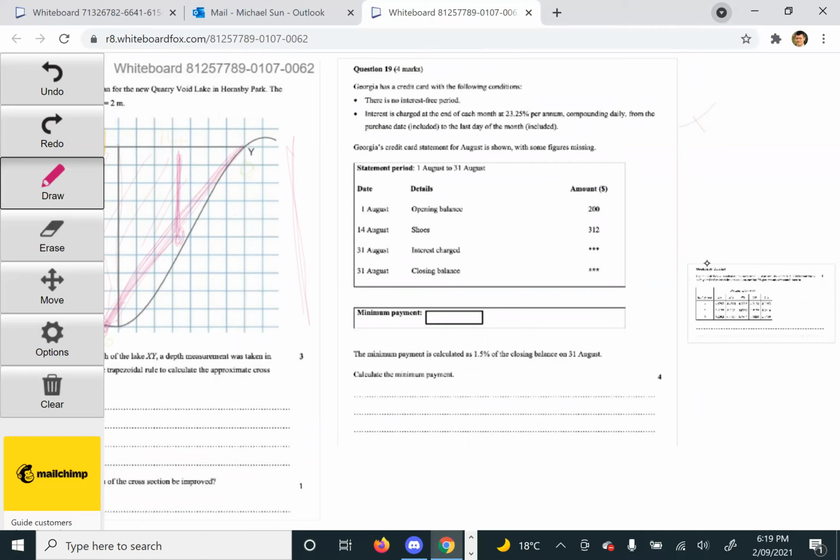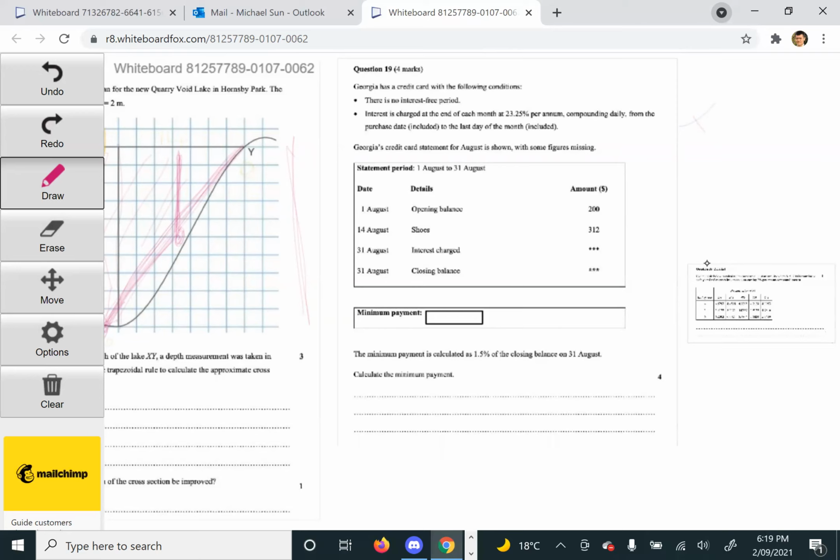Okay, so 1.5 over 100 times 519 equals like 7.79. Is that right? 7.79 is the minimum payment? $7.79? Yeah.